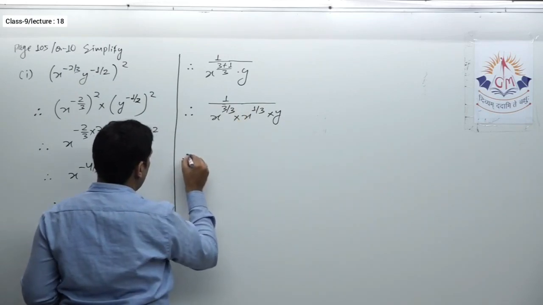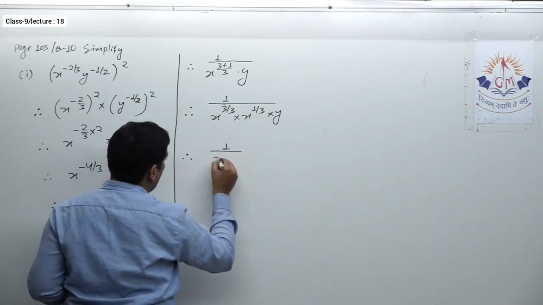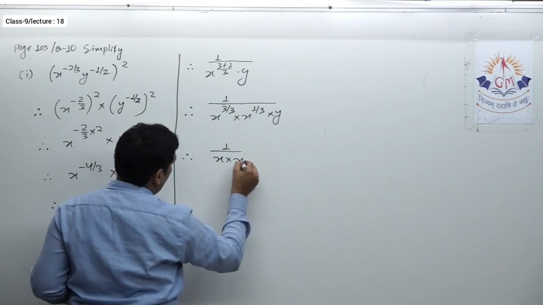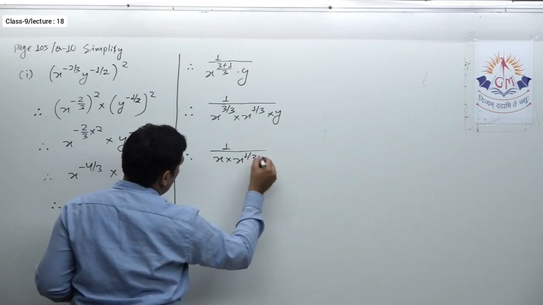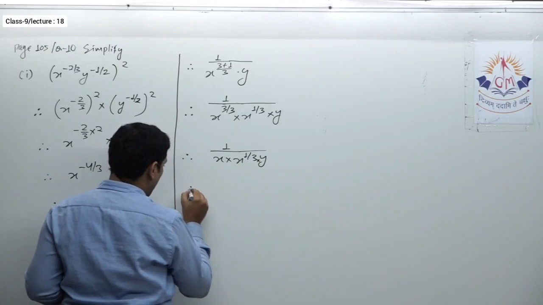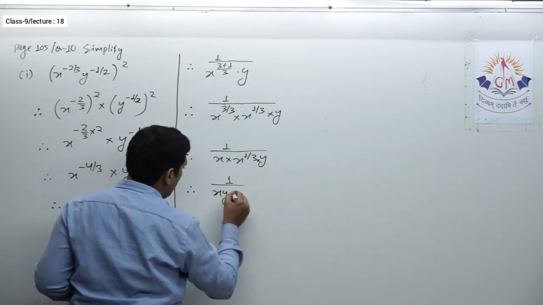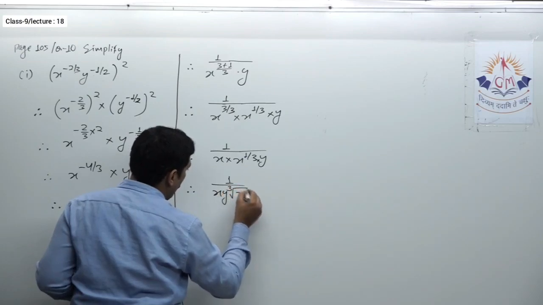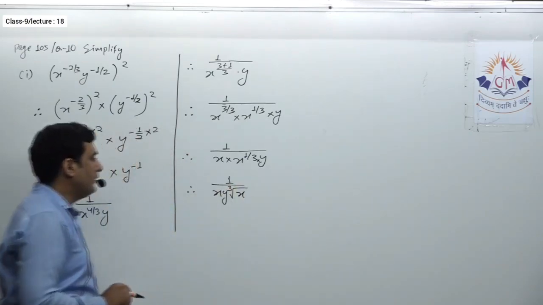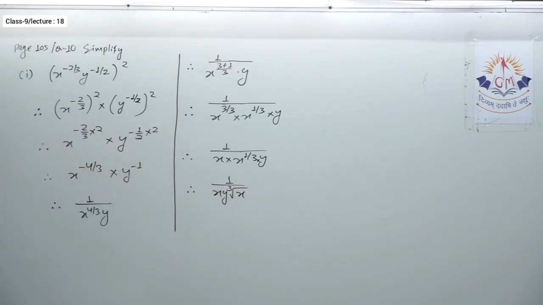So this gives me 1 upon x multiplied by x raised to 1 by 3 multiplied by y, and finally I can write my answer in this way: x, y and cube root of x. Okay, so this is the final answer. Please note it down, then we'll see the next question.